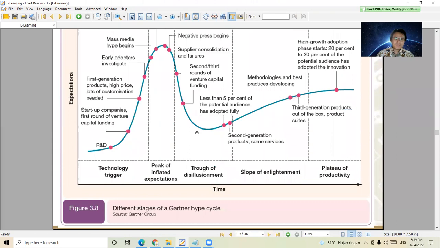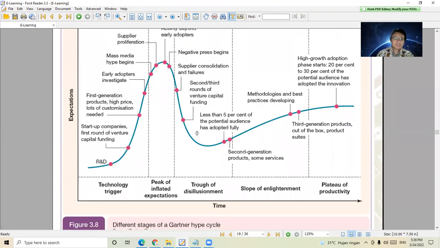Yeah, this is the complete stages of what we call the Gartner hype cycle. Similar to the first diagram, the x-axis is time, and the y-axis, which is different, is the expectation.